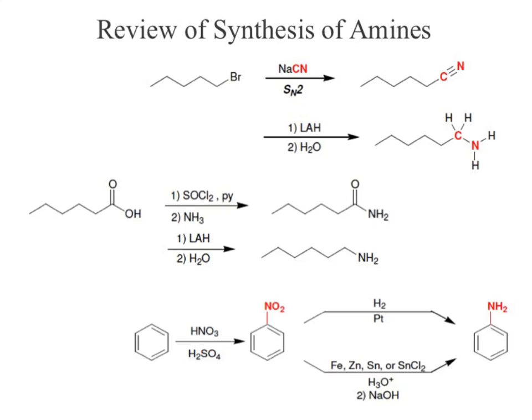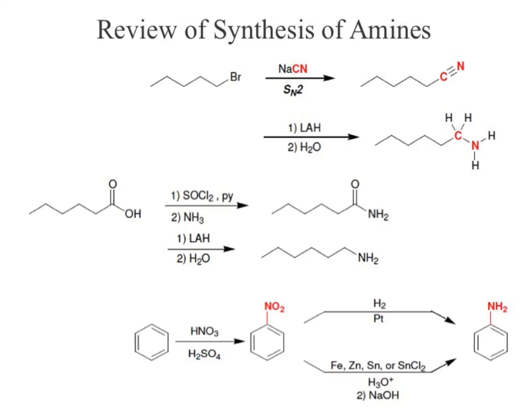One of the last ones, we can put on a nitro group using nitric acid, sulfuric acid, through our standard what type of reaction? EAS, electrophilic aromatic substitution. We can then reduce the nitro group through a variety of different methods.